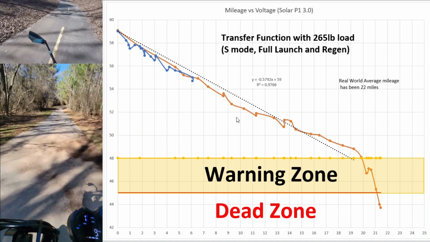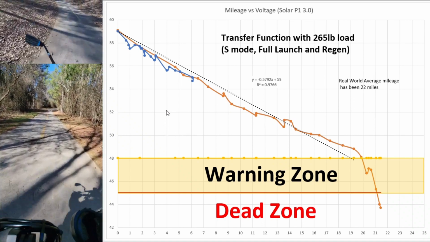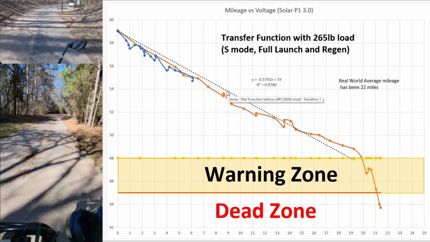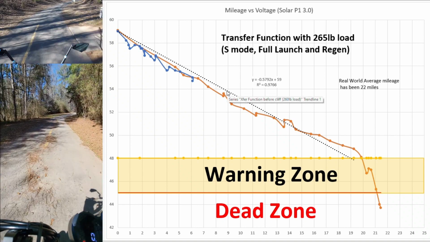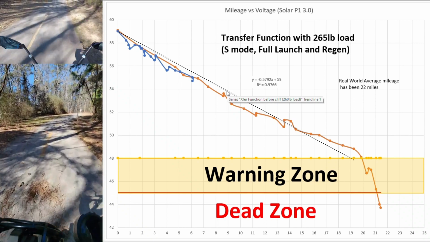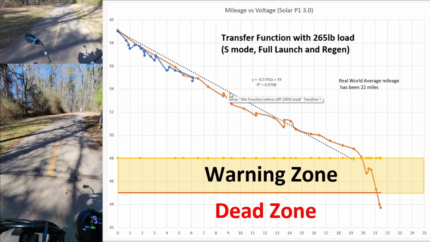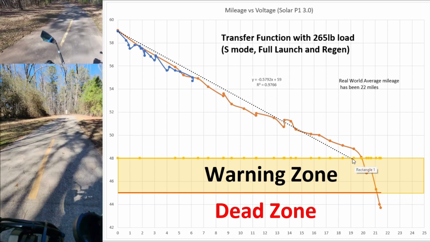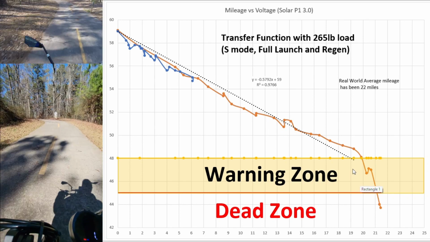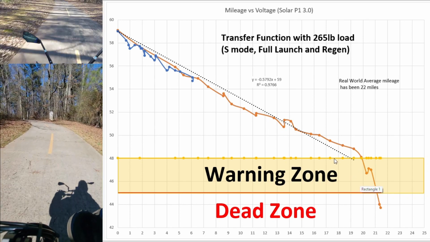I can look, for example, and say, okay, well, I'm at 54 volts here, and so I'm going to be able to get another 10 or 11 miles before I'm running out of battery power and not able to really ride normally.